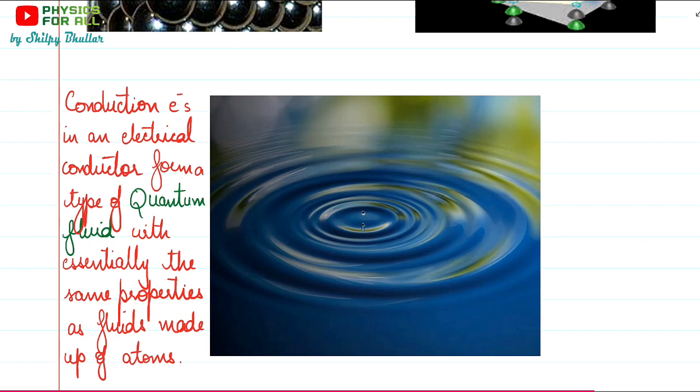And in fact, when you study superconductivity, you will see that their electrons condense into a new fluid phase where they can flow without dissipation of energy, and that is almost similar to a superfluid phase found in helium-3 at low temperature.